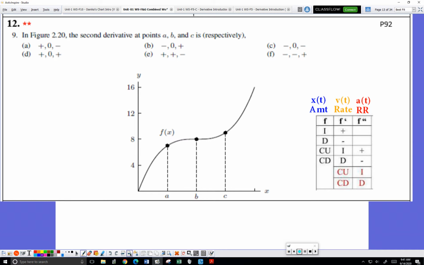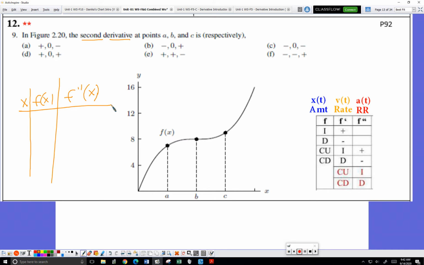Okay, it says in figure 220, the second derivative at points A, B, and C is what? So what they're saying is, think of a chart. We're looking at F, but we're trying to figure out what would be happening on a graph of F double prime, because F double prime is the second derivative of F. Please be careful.